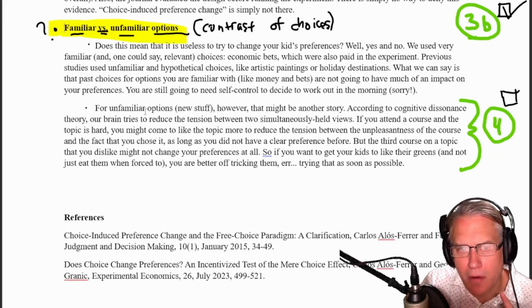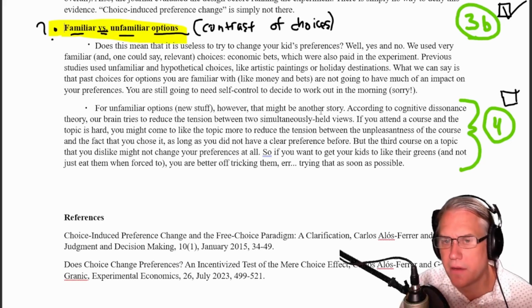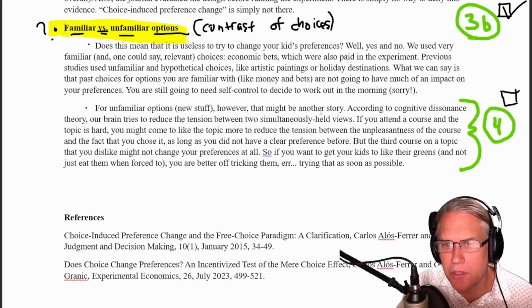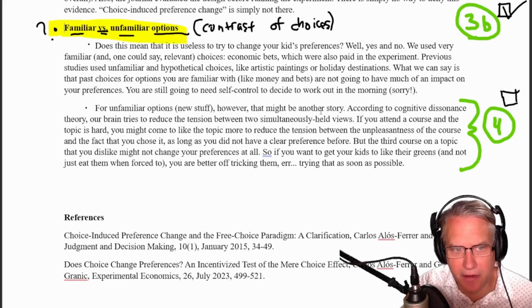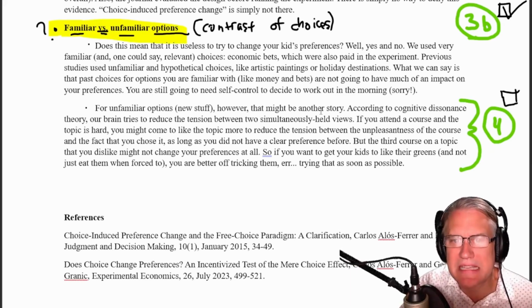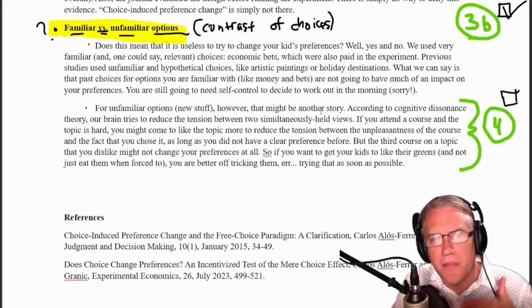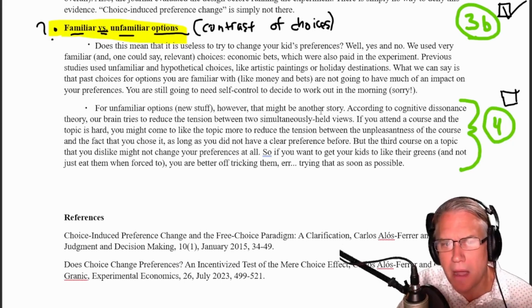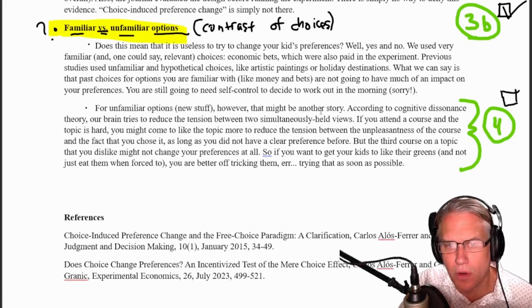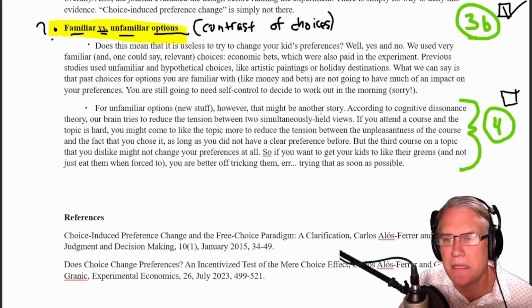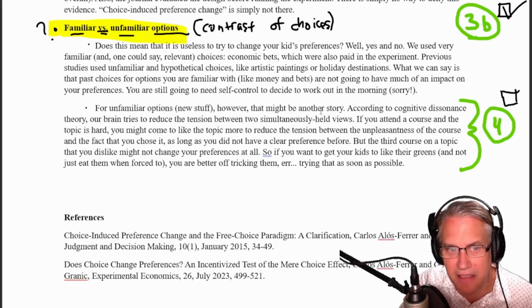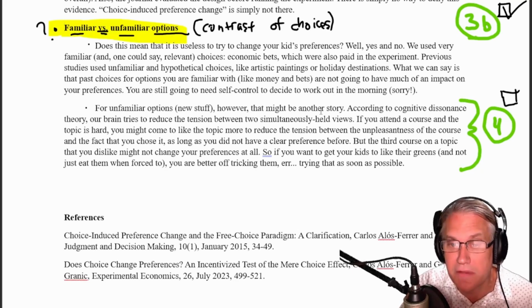For unfamiliar options, new stuff, however, that might be another story. According to cognitive dissonance theory, our brain tries to reduce the tension between two simultaneously held views. If you attend a course and the topic is hard, you might come to like the topic more to reduce the tension between the unpleasantness of the course and the fact that you chose it, as long as you did not have a clear preference before.